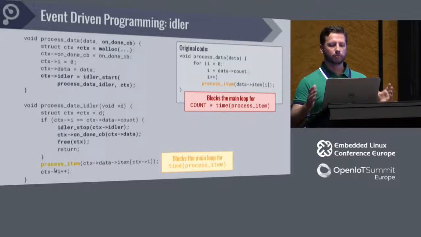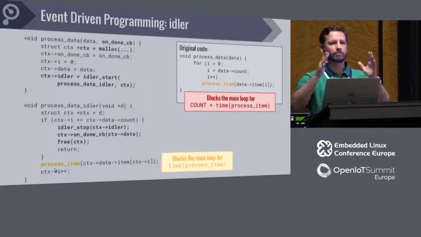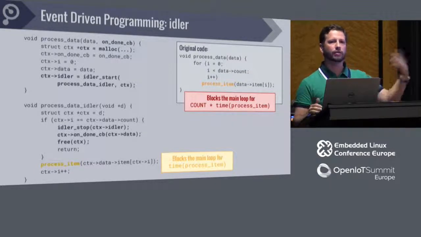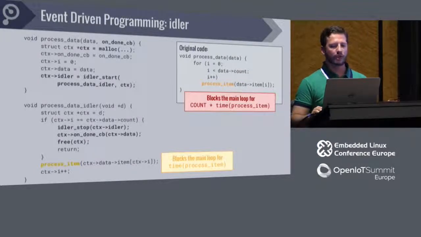The time of process item is fixed or short, known to be short. However, in the original code, the number of times that fixed amount of time will be executed is unknown because you're getting that from the network, from some sensor, from a configuration file. So that is a problem.